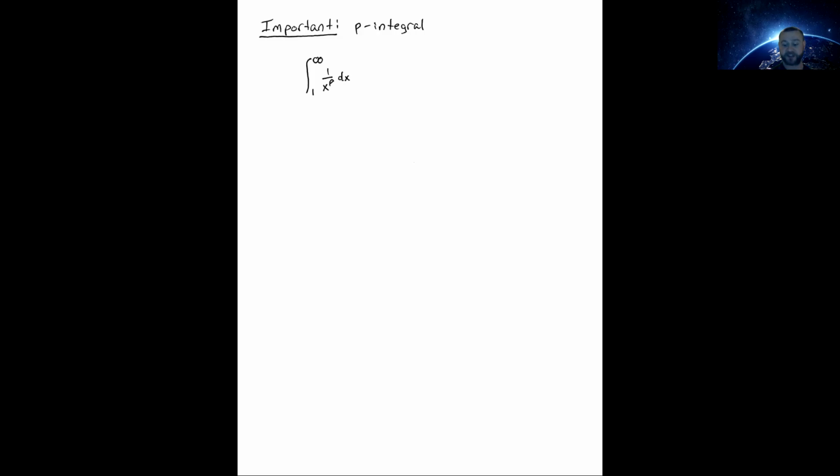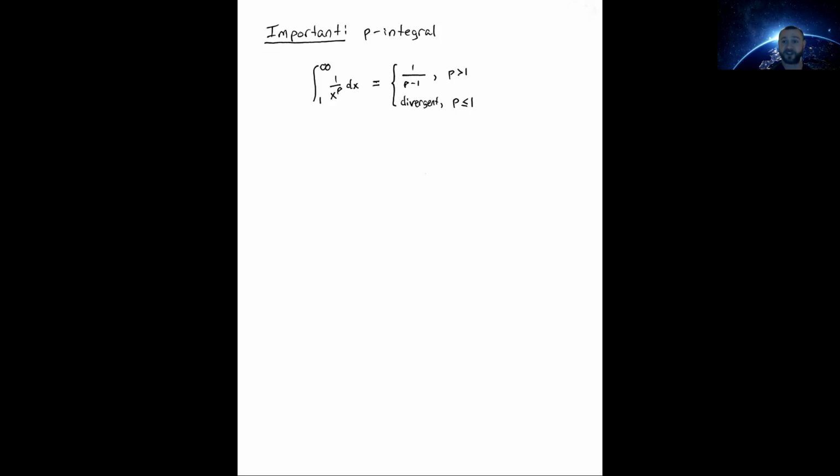Maybe rewrite that as x to the negative p, and you can apply the power rule to find the antiderivative. If you do that, you'll find that there's two possibilities. If p is greater than 1, you actually get a number here for that improper integral, 1 over p minus 1, where p is that reciprocal power of x. The second possibility you get for this integral is if the values of p are equal or less than 1, the improper integral is divergent.